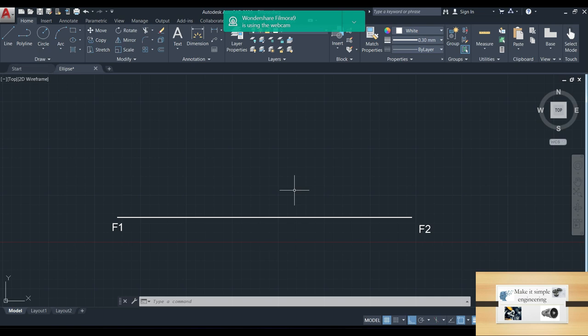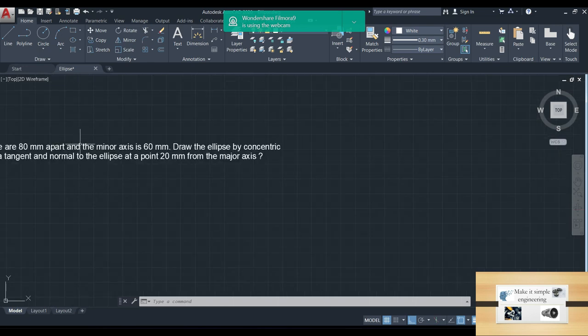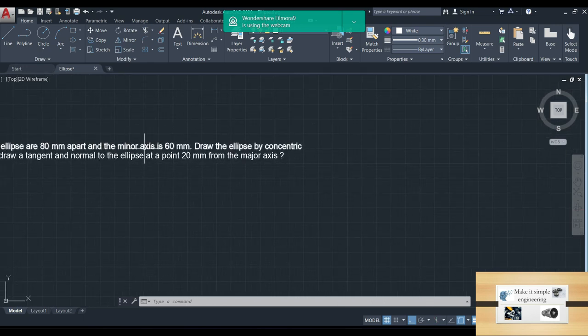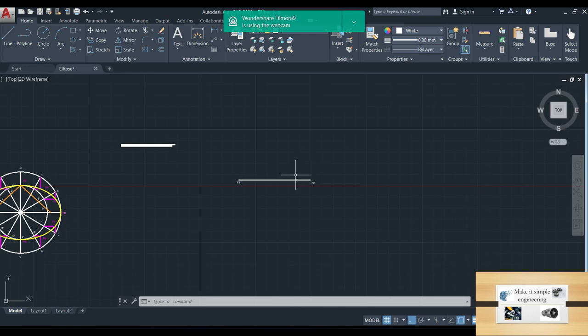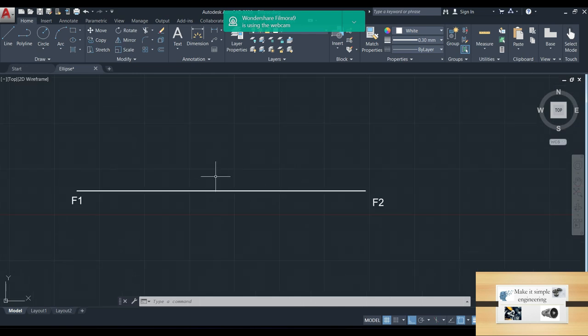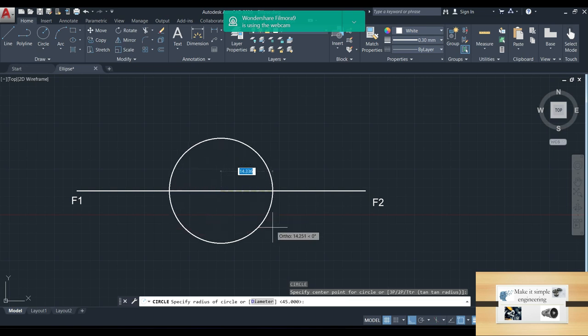So after that, here in the question it is given that the minor axis is 60 mm. So we have to draw a circle of diameter 60, or otherwise the radius is equal to 30 mm at the midpoint of this line.